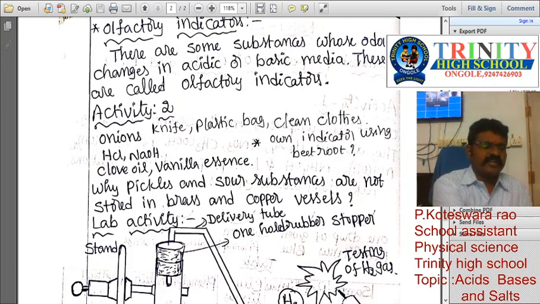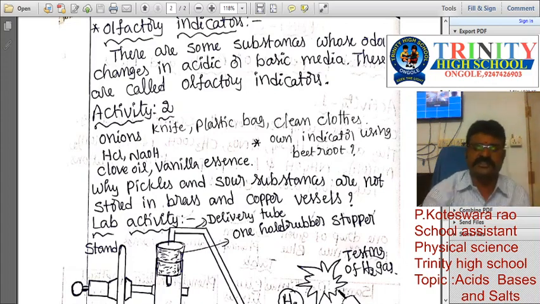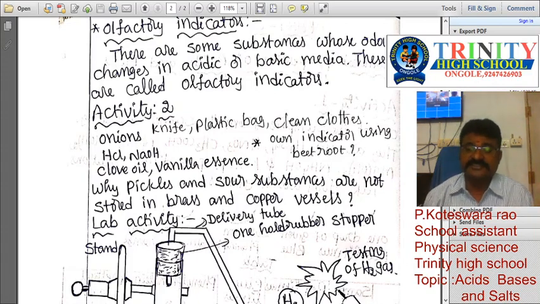For that, we place that red or pink filter paper and add 1 or 2 drops of HCl on it. Its color does not change. Take base NaOH like that. We add 1 or 2 drops. Then what happened? Its color changes into yellow. Red color changes into yellow color. So this acts as an indicator using beetroot.